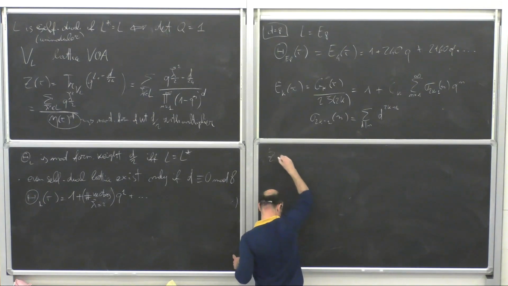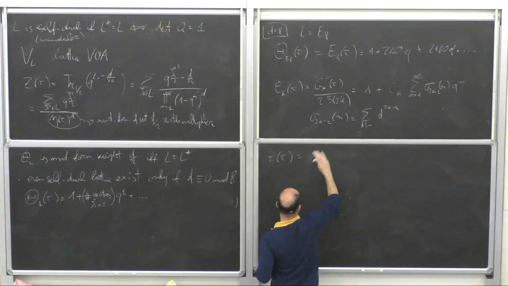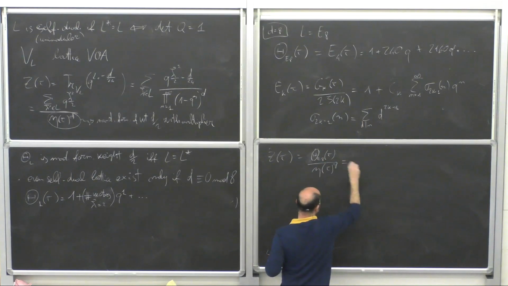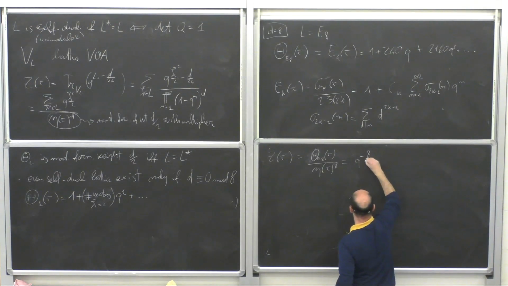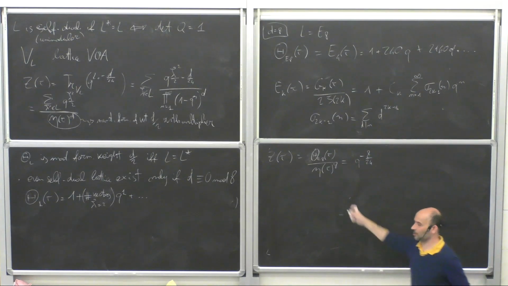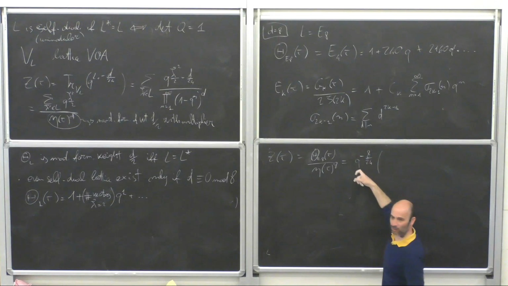Your Z of tau is theta_8 divided by eta of tau to the 8. This has a q to the minus 8 over 24, which comes from the eta function, so this is q to the minus c over 24, and this gives the multiplier.